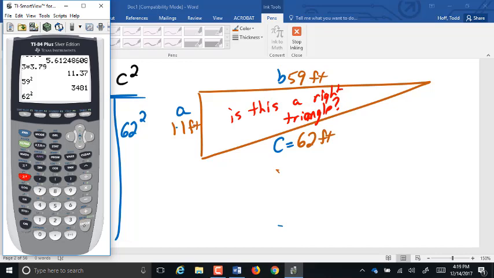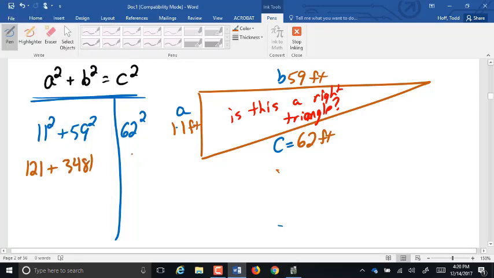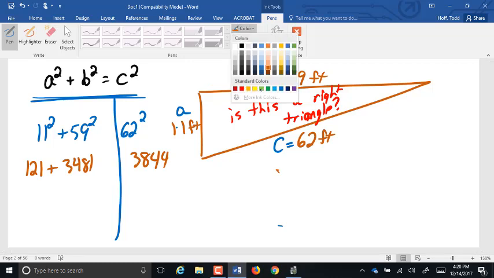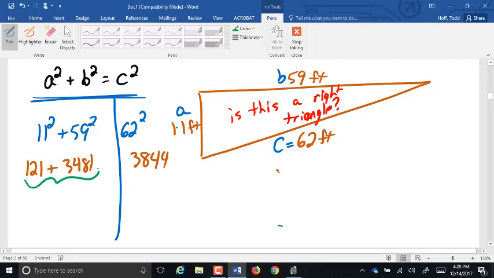I believe it's 3844. Now let's compare. If we add these up, that is 3,602. That is definitely not equal to the 3844. So this is not a right triangle.